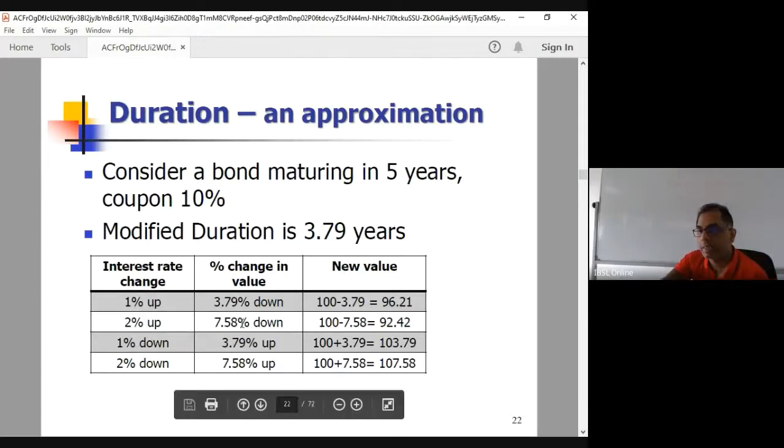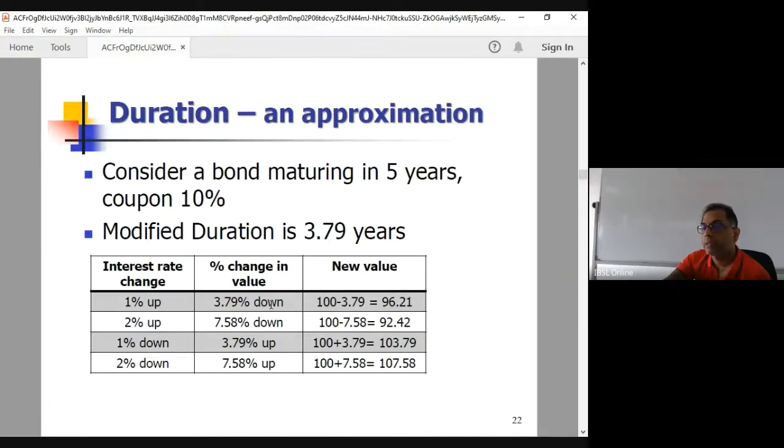The change in value is 3.79%. Interest rates have gone up, so the price comes down. If it's bought at par, yield going up means price coming down, so it goes to 96. If it goes up 2%, the change is basically 3.79 into 2.